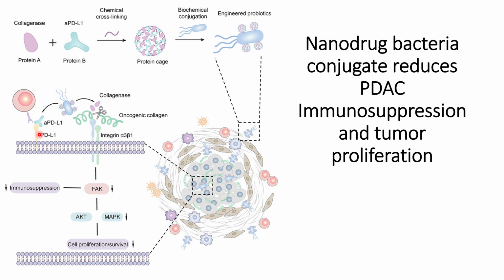First, it will increase the efficiency of immune checkpoint therapy, and second, it will reduce immunosuppression and cell proliferation. So this is one of the novel therapeutic approaches that can be used against aggressive pancreatic adenocarcinoma.